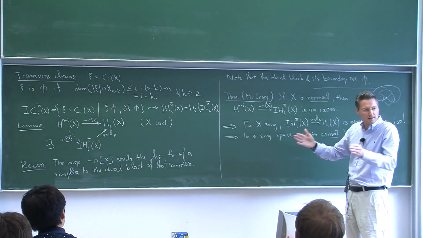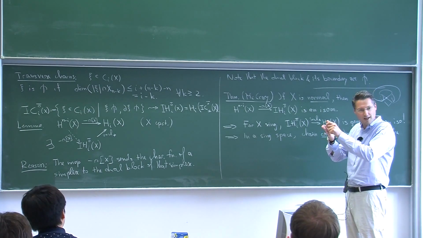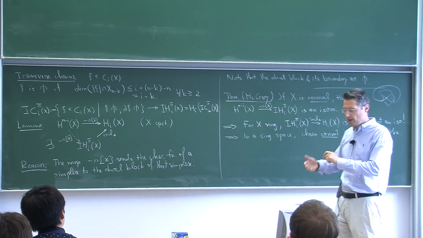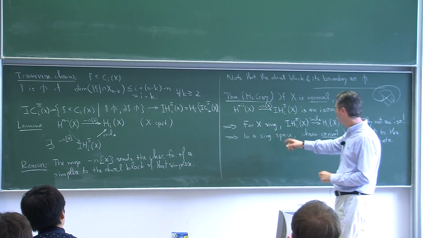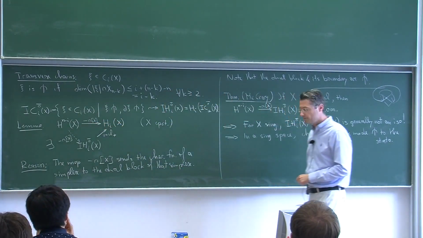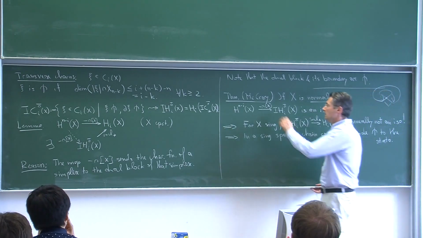And if you have filtered it through all of these parameters, you get a very detailed understanding of where exactly Poincare duality fails in this long factorization of this map or this map, right? And this is what Goresky and MacPherson have done, right?